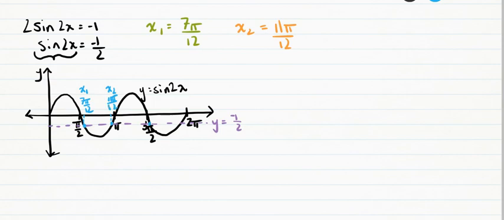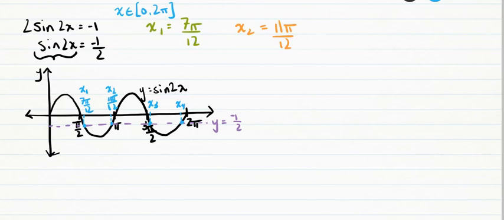And we actually have two more solutions that are happening before we get to the end of our given domain. Remember, we're solving this equation for x values from 0 to 2 pi. So we want to make sure that we list those answers as well, because those are also solutions between 0 and 2 pi. So to get those other two solutions, let's label this one as x3, and let's label this one as x4.